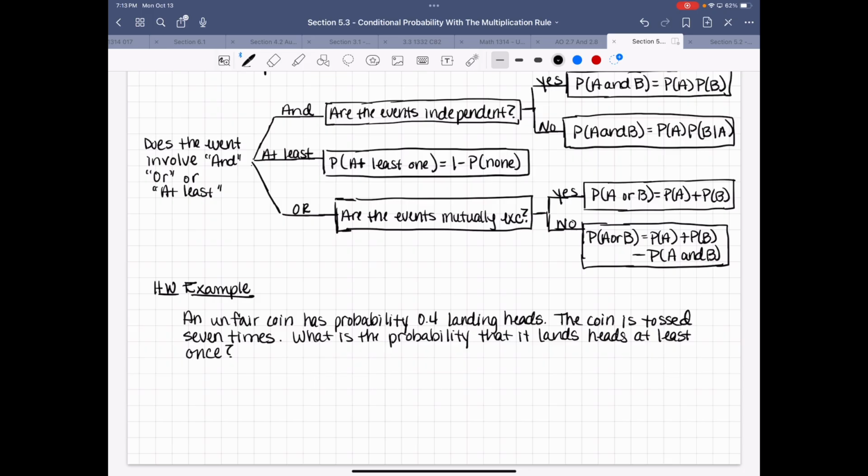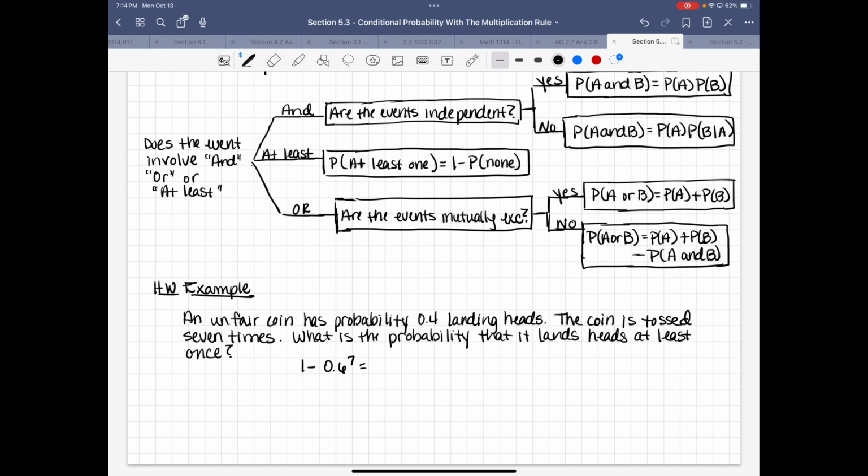Good. So I've got 1 minus 0.6, but that 0.6 is for the first time. How many times am I flipping it? 7. So that's 0.6 to the 7th power. That's the same thing as saying 1 minus 0.6 times 0.6 times 0.6 times 0.6 times 0.6, 7 times.